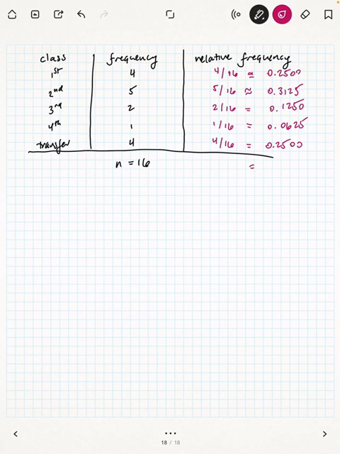And sometimes you'll be a little bit off, especially if you're rounding. If you round your decimals, then you might be off by 0.01 or something very small. But if you're not rounding, then it should be precise. It should equal exactly 1.